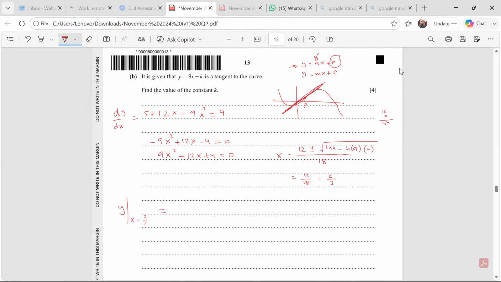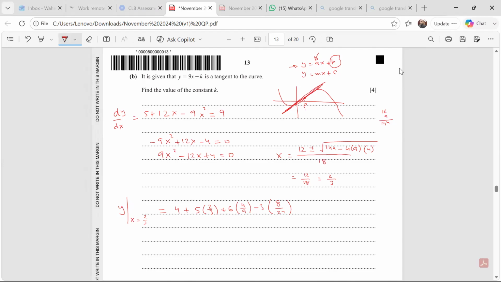The curve was given by 4 plus 5x, so I will do 5 times 2 by 3, plus 6x squared. 6 into x squared will be 4 by 9, and minus 3x cubed, so 8 over 27.